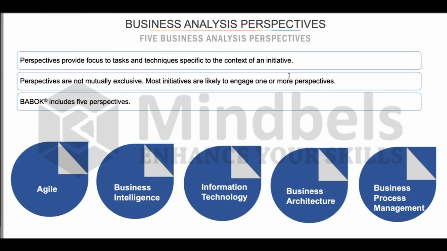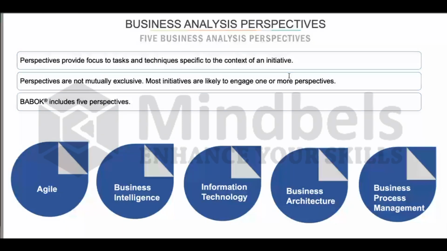Now, what is BA analysis, business analysis perspectives? I'll tell you what exactly we are thinking: there are five BA perspectives. You already see them on the slide or PDF, whatever we have. Perspectives provide focus to tasks and techniques specific to a context, which is nothing but we understand what the context is all about.